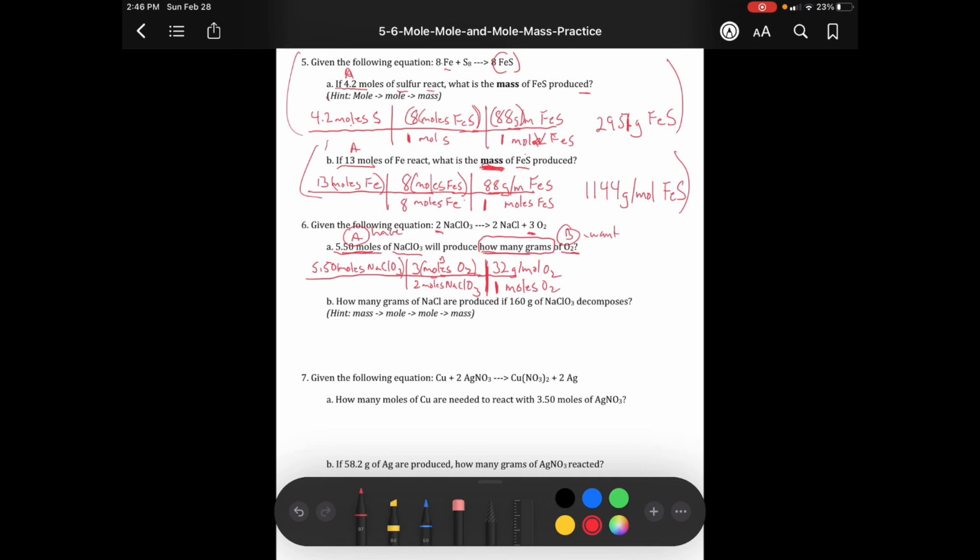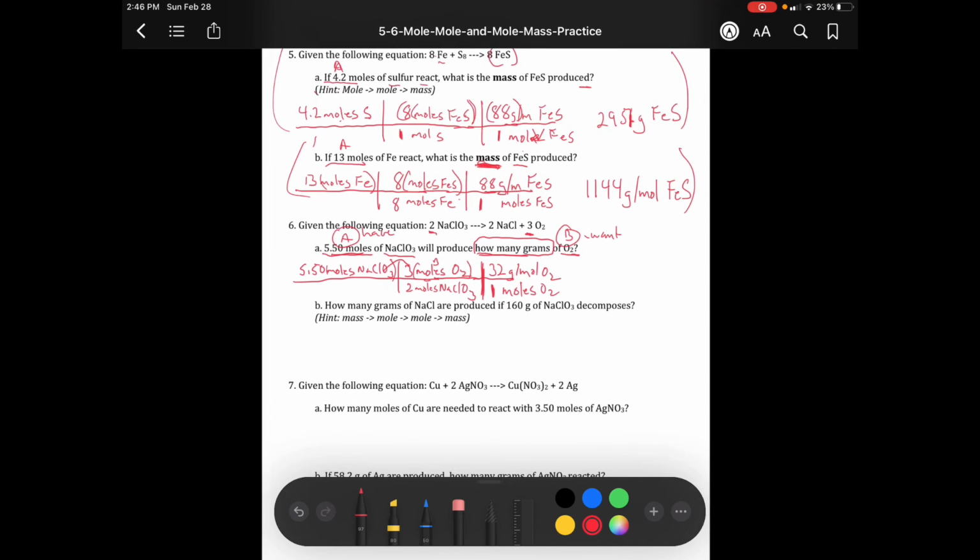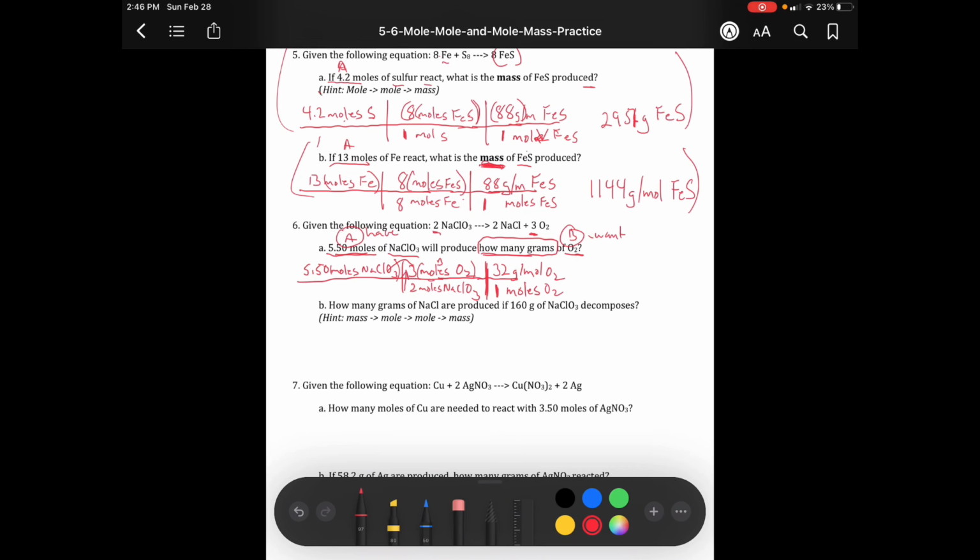Now that's going to be divided by 2 because we divide by the bottom. Now we multiply that by 32, divided by 1, and that's going to give us 264 grams of O2 produced. That's our answer.